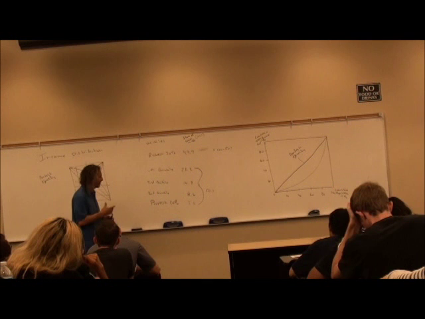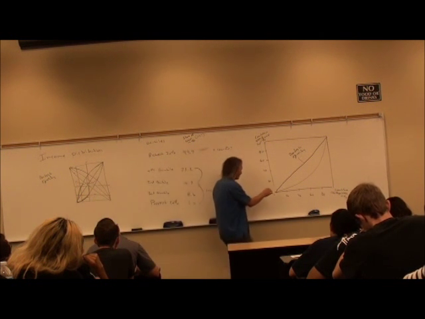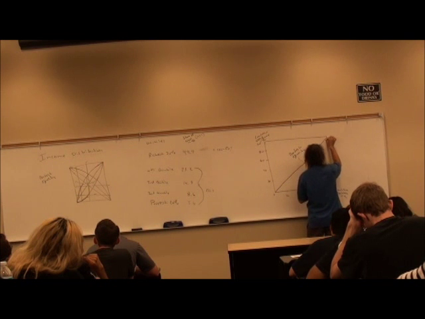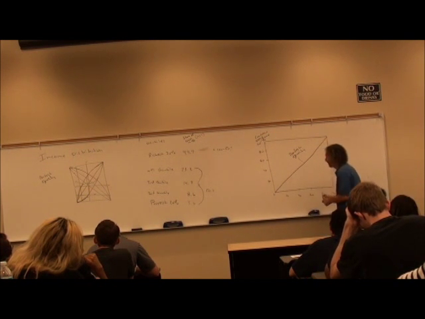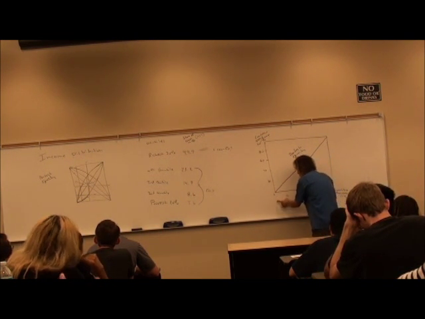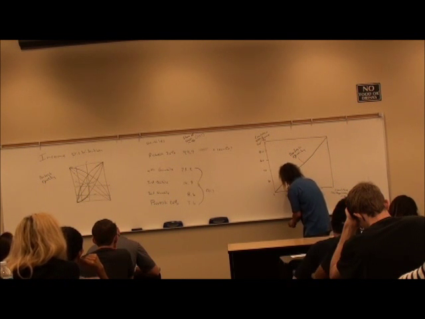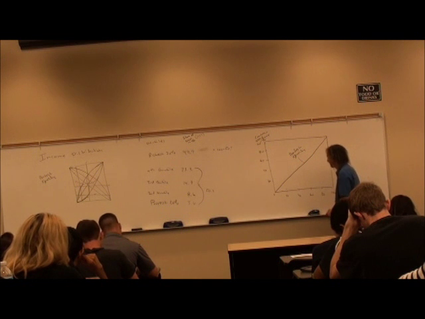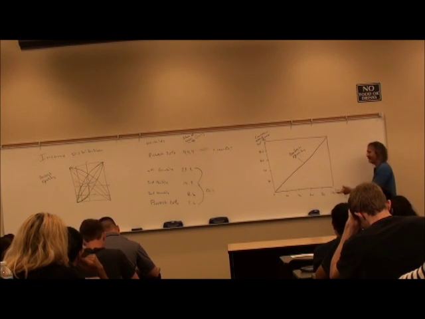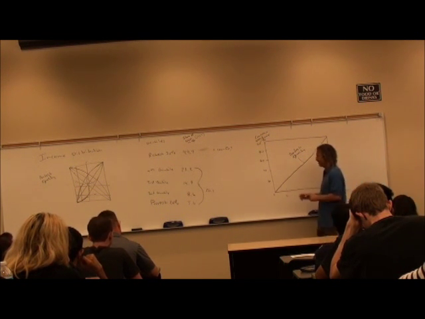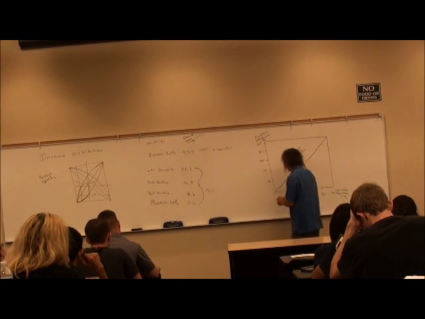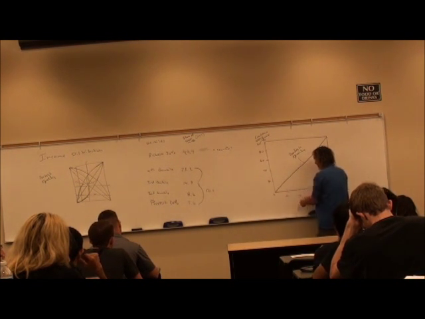Fantastic. So now I'm going to plot the actual income distribution for the U.S. for 1997. The first point is the poorest 20% gets 3.6. When I add the next quintile, I stack that next group on top of the previous group. So now I'm talking about 40% of the population.